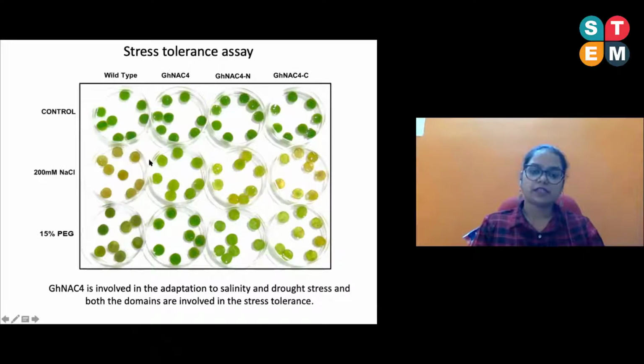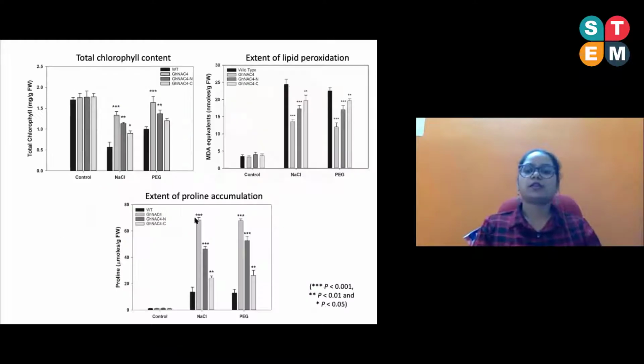And as we see here, the wild type plants showed a high amount of bleaching as compared to the transgenic plants. And this shows that GH-NAC4 is involved in adaptation to salinity and drought stress, and both the domains are involved in stress tolerance.